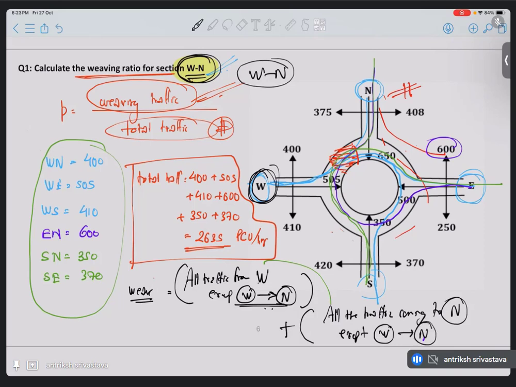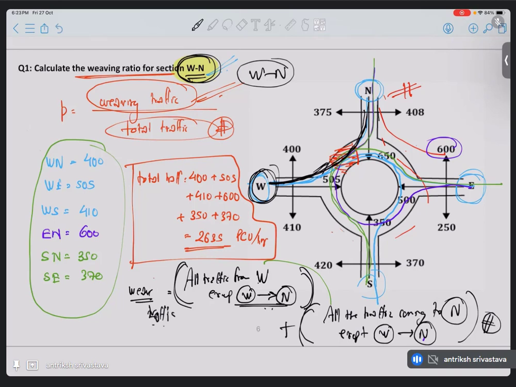So in both cases we have to ignore this particular left turn that you are taking from west to north. Except this, all the traffic going from west and all the traffic coming to north is going to be your weave traffic.